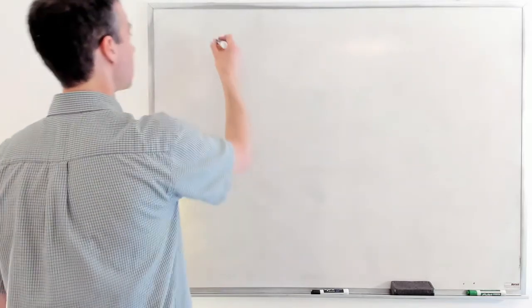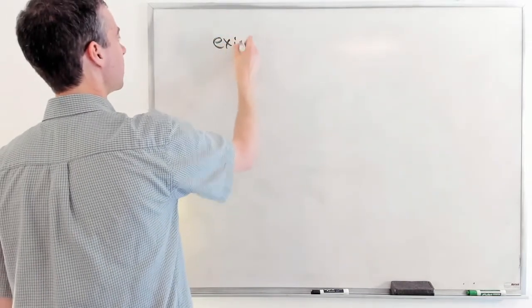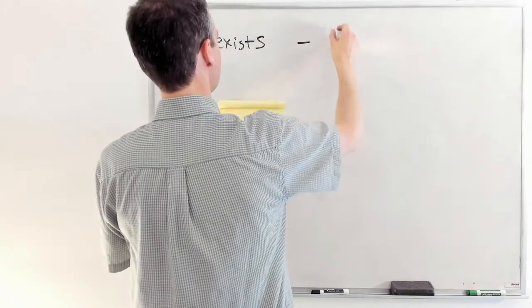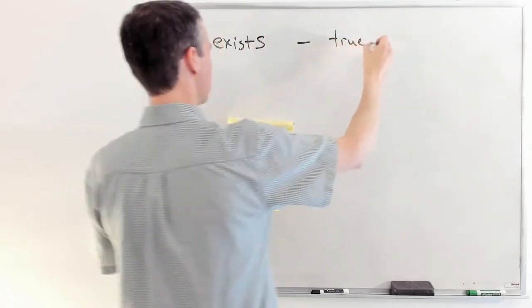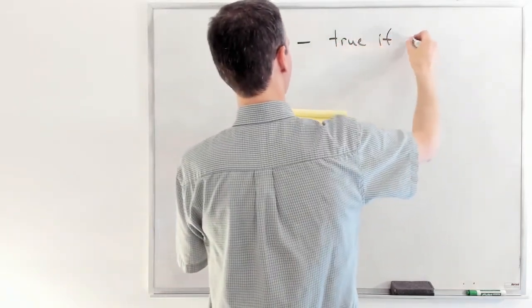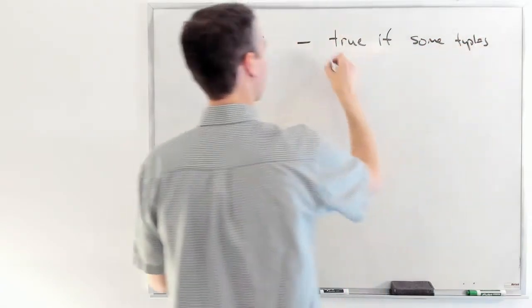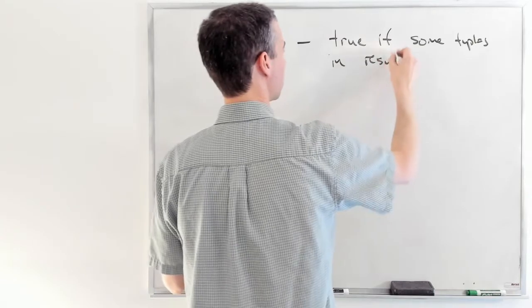There's one that's probably a little bit more used than SOME and ALL, which is EXISTS. This will be true if there are some tuples in a result set.